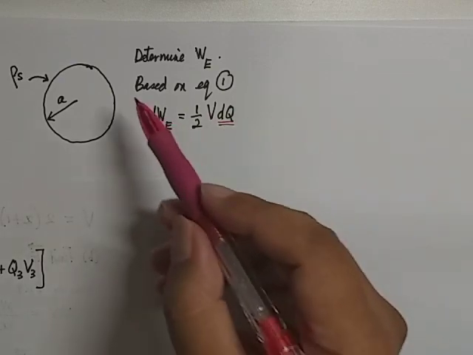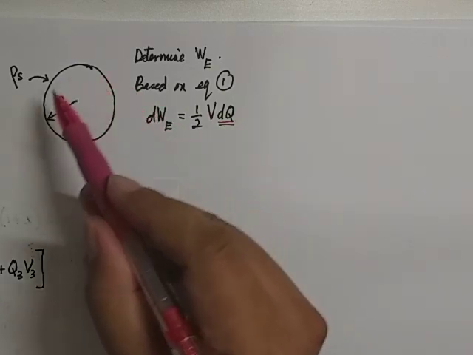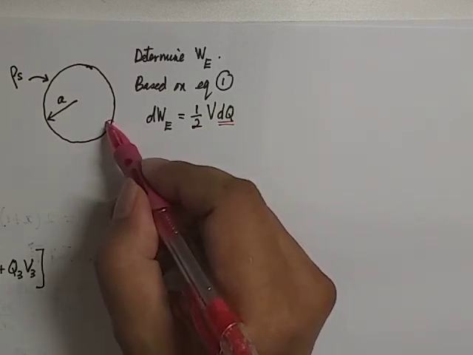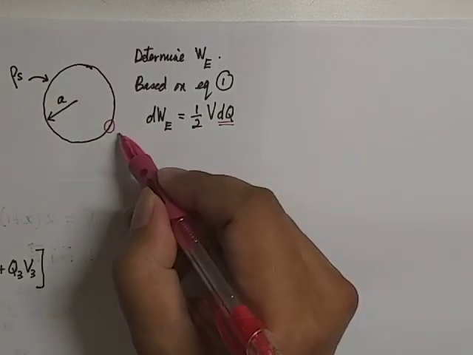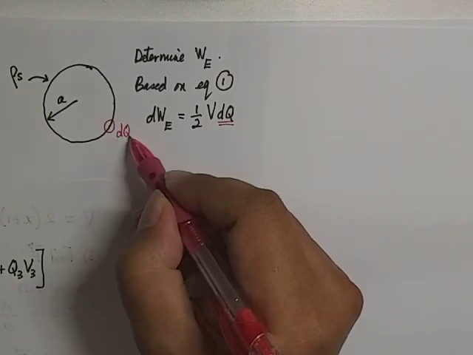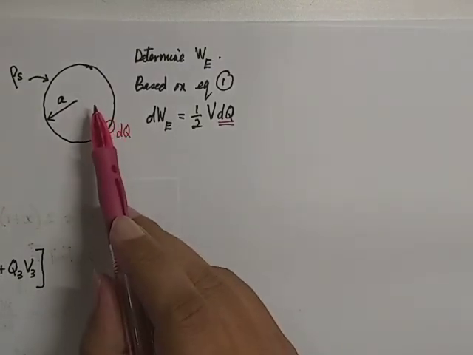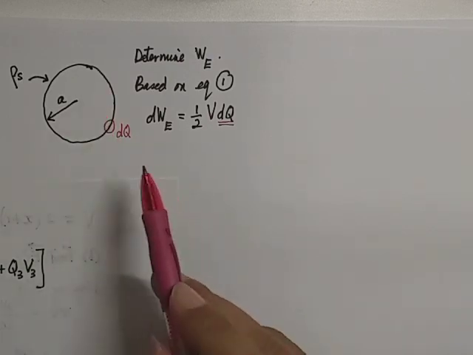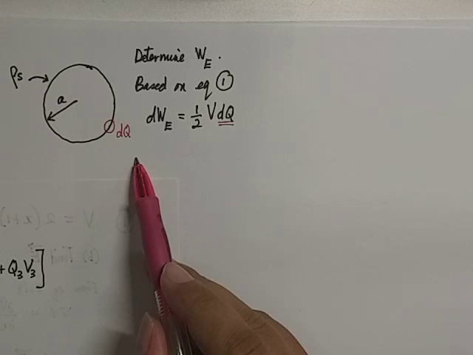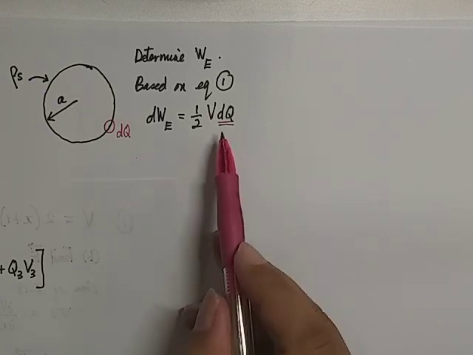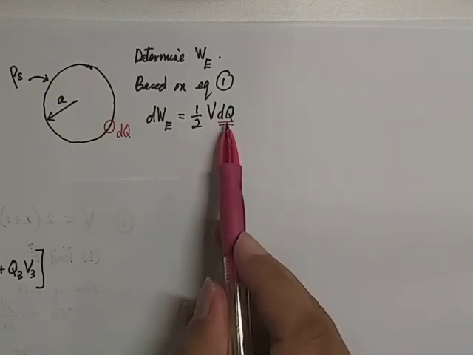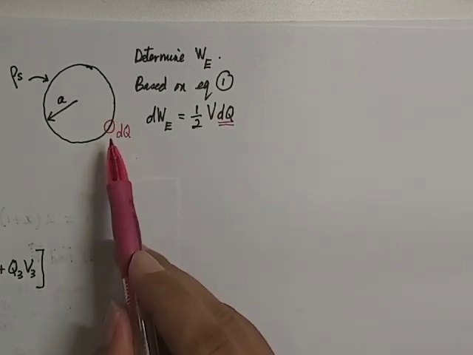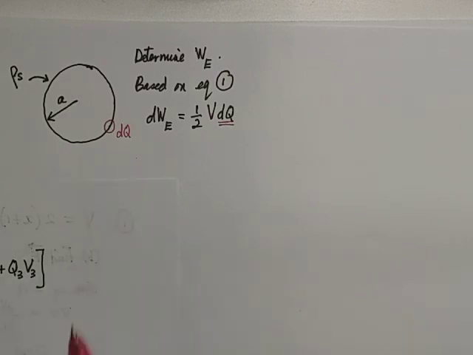Based on the problem, we know the charge is a surface charge. Therefore, the sample can only be located on the sphere, dq. I cannot take a sample other than that because I know in this position there's no charge. Similarly, at this position also no charge. Therefore, the only logical way for me to represent the dq in the equation is by showing a sample on my charge, and it should be this term.